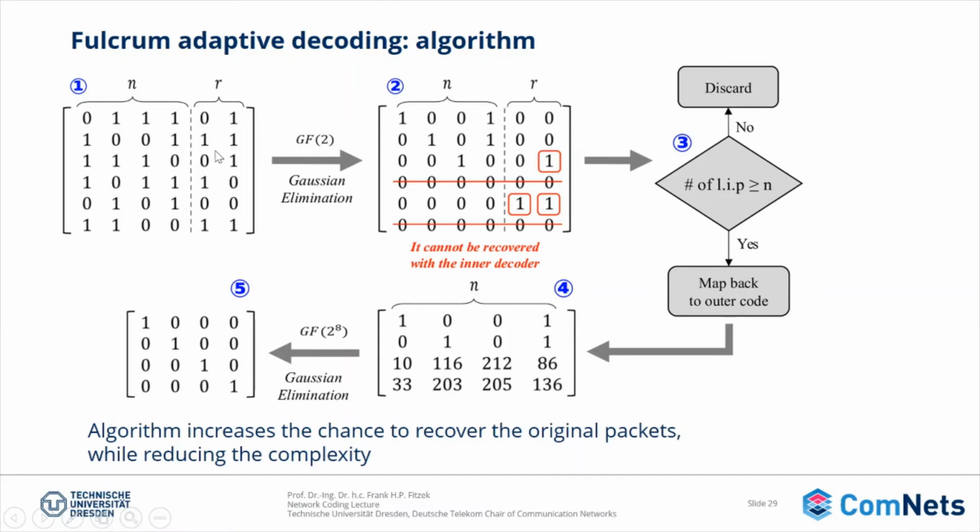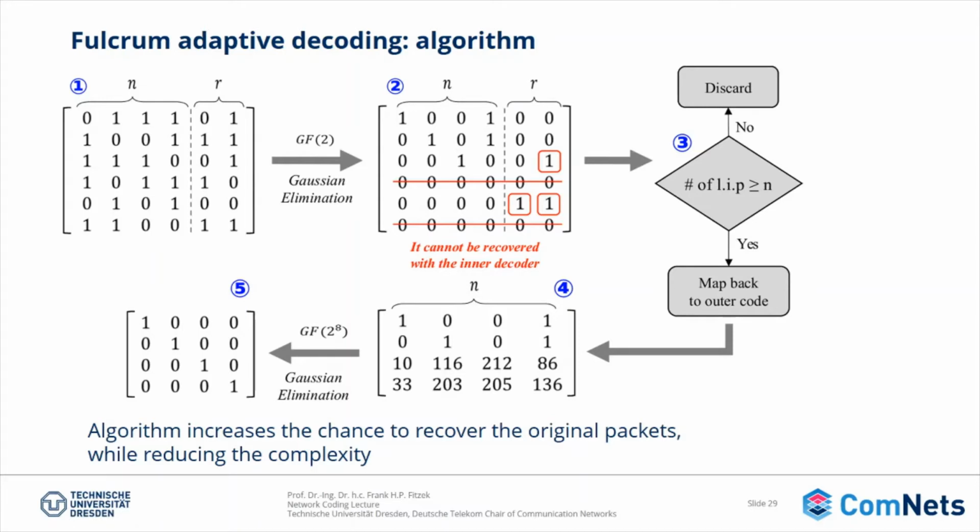Assume that the receiver tries to receive and decode the incoming coded packets by using Gaussian elimination in binary, or decode with the inner decoder. Unfortunately, there are 2 linearly dependent coded packets after eliminating this matrix. Therefore, we cannot recover this generation in binary field size or with the inner decoder.